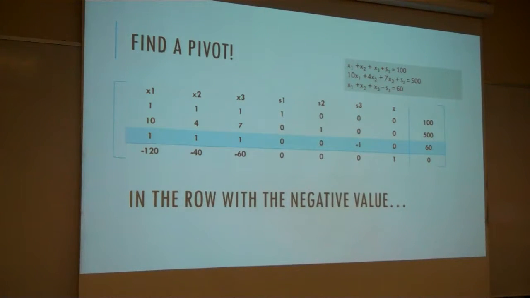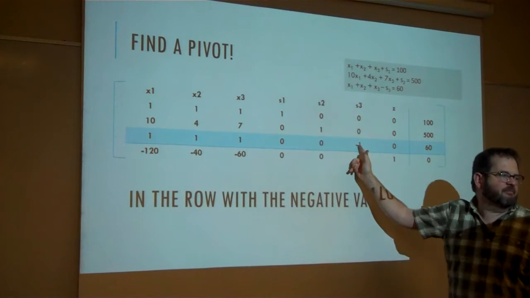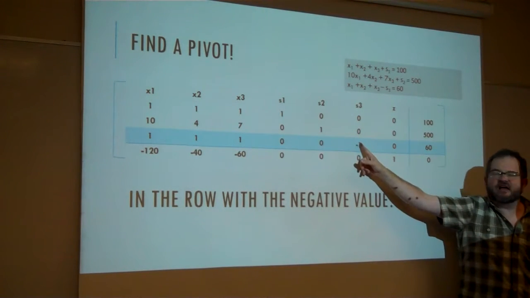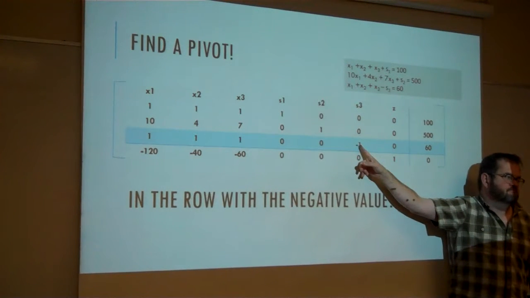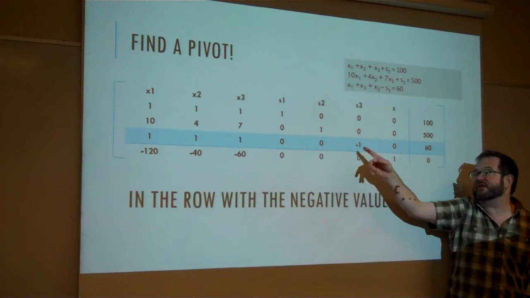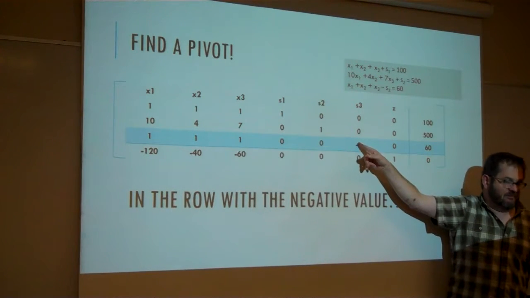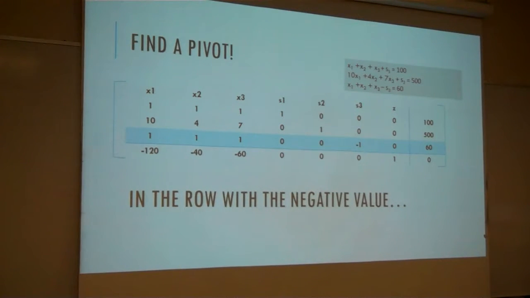What we do is we pick the row that had that negative value in it that was the problem. This was the variable that had the problem, S3, so this is the negative value that's the problem. There could be other negative values elsewhere, especially in the non-basic variables, but we don't care about that. This is the guy who's causing our problems. So pick his row. I'm not saying the pivot's in this row. I'm saying this is the row we're noting right now.